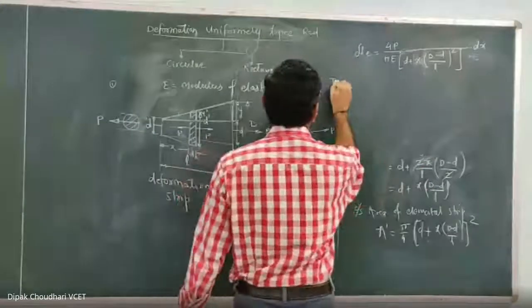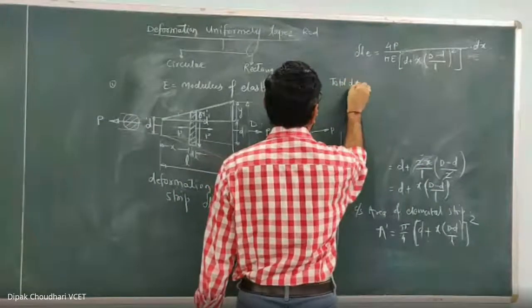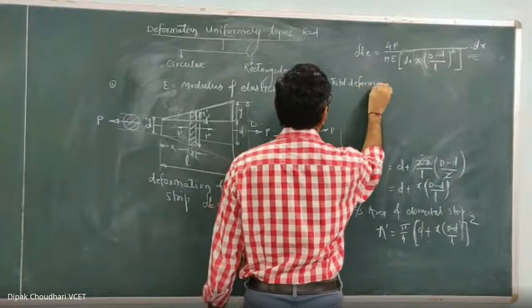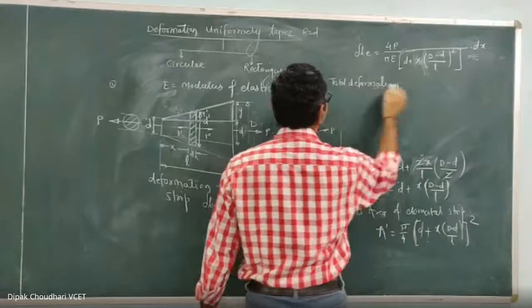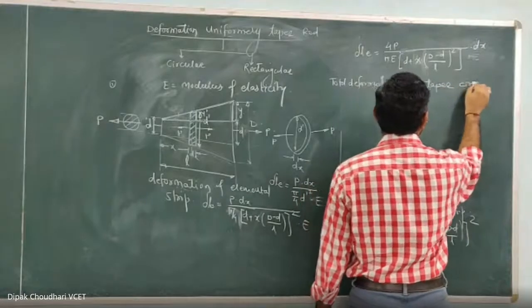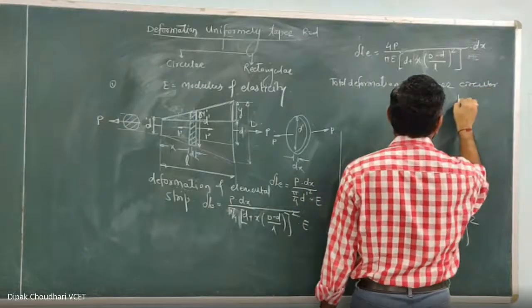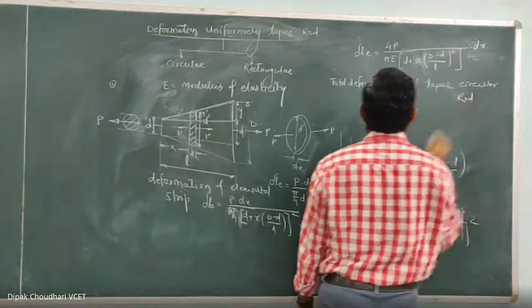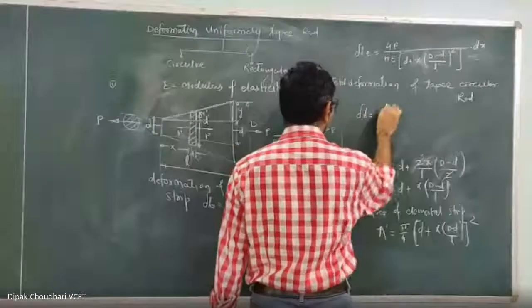Now, to calculate the total deformation of the taper circular rod, here this delta L is equal to, you have to integrate this.